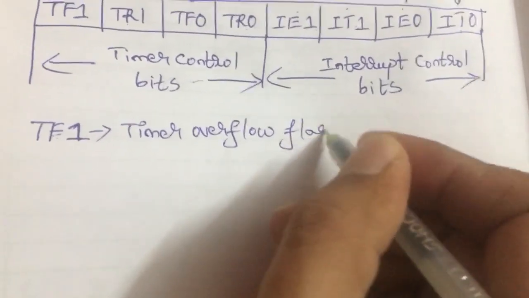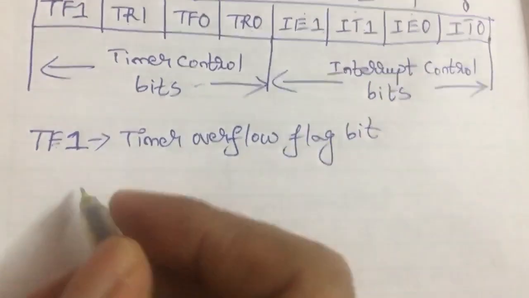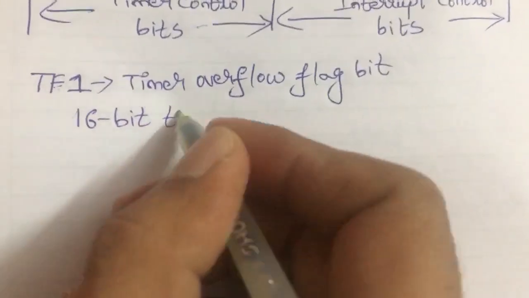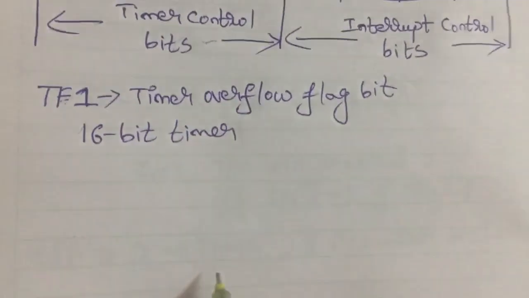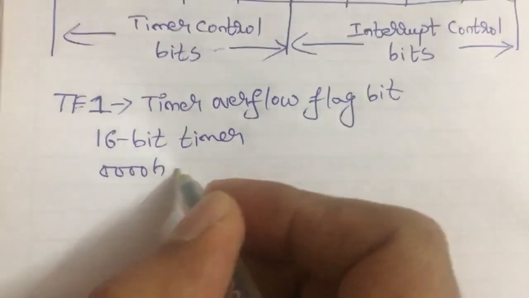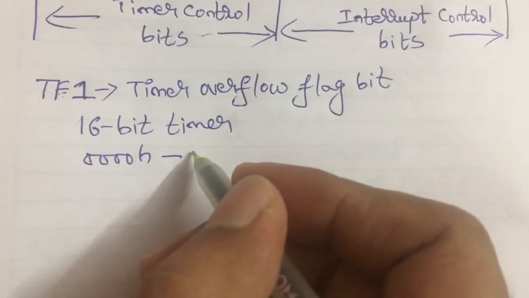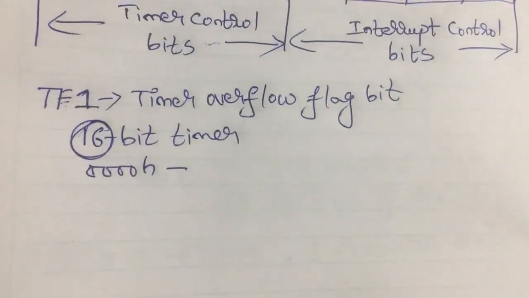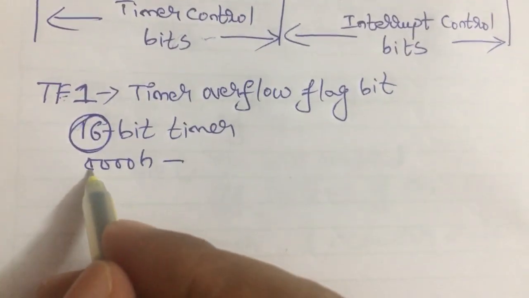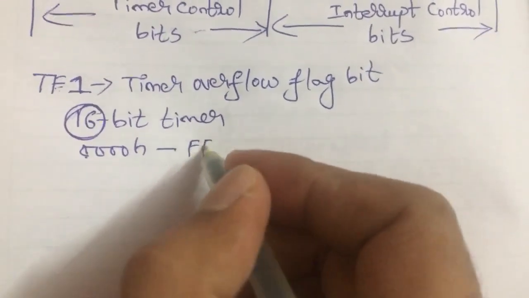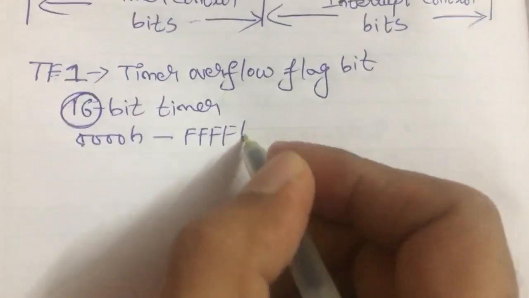So if I take a 16-bit timer, it will count from 0000H to the max value, FFFFH.